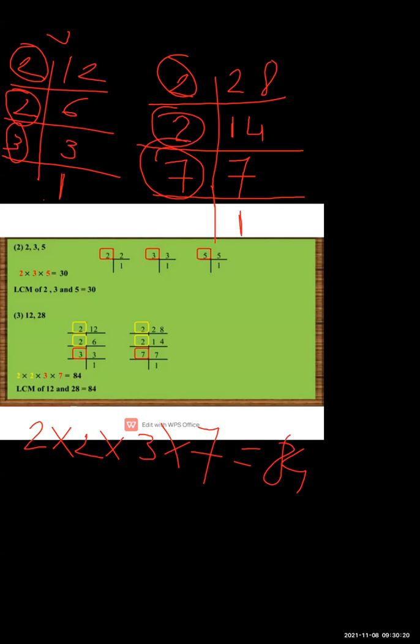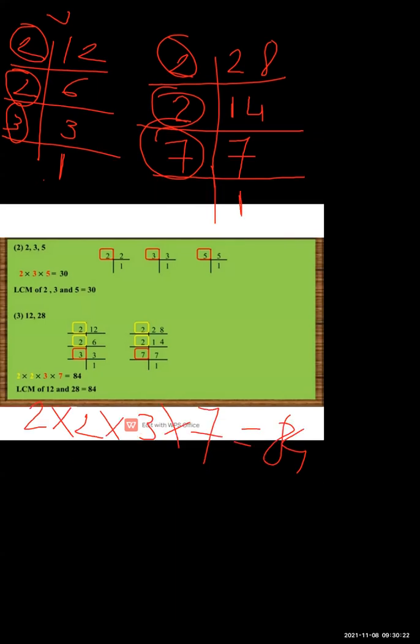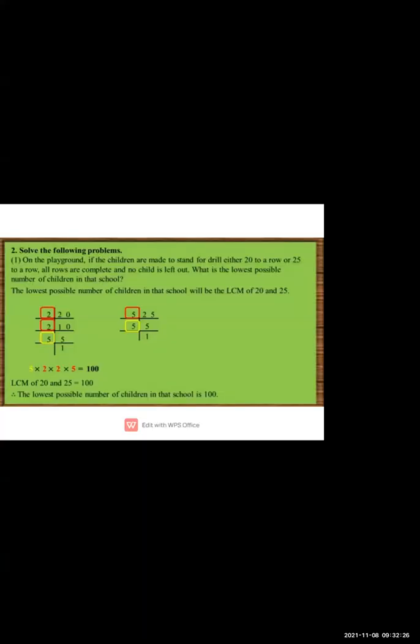Remaining questions are homework. So here the question is: on the playground, if the children are made to stand for a drill, either 20 in a row or 25 in a row, all rows are complete and no child is left out.